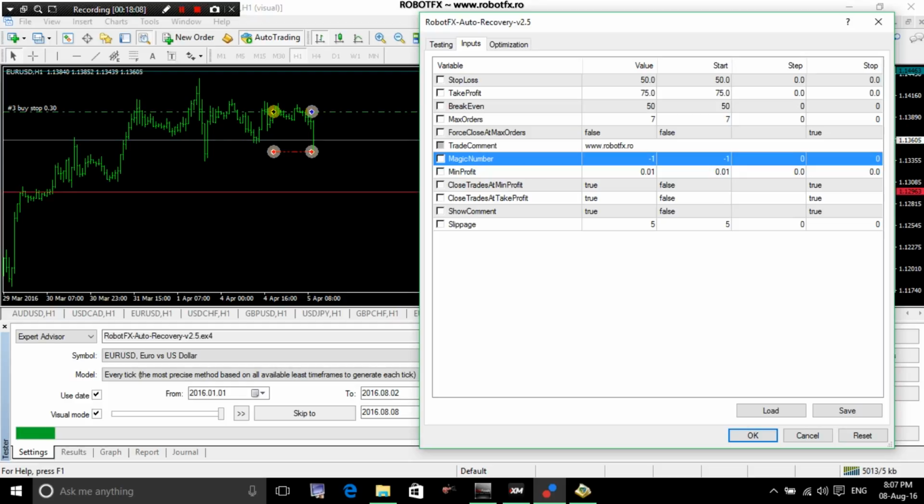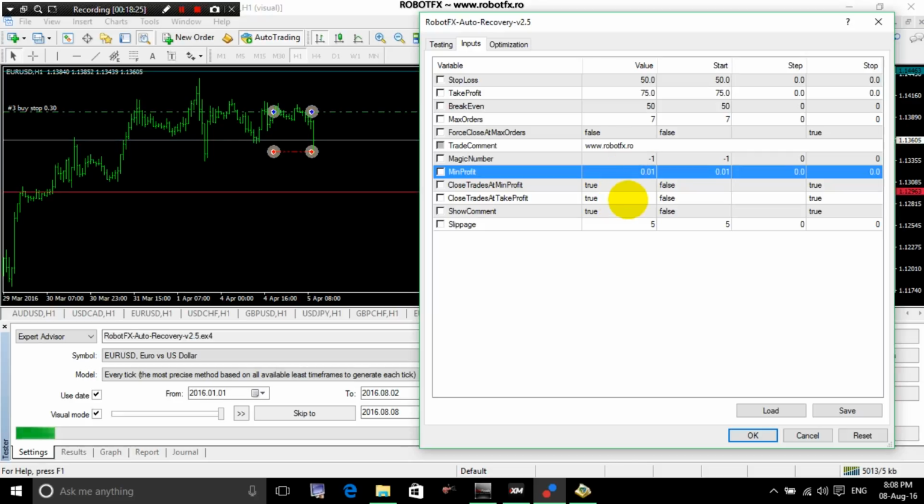So if you have another expert advisor loaded on some other chart, of course, that you use to open trades, you can place its magic number here in the auto recovery magic number section, and the auto recovery will manage that trade, well, hedge it basically, and it will take it from there.